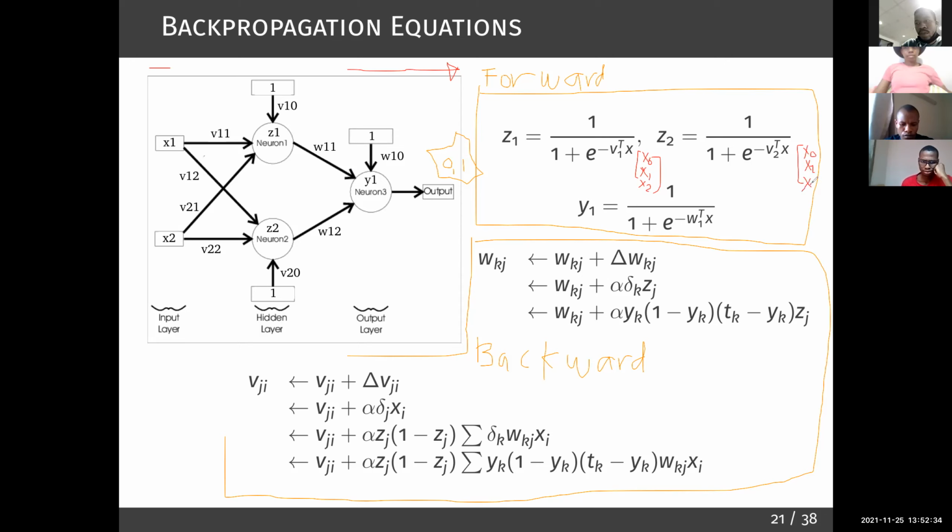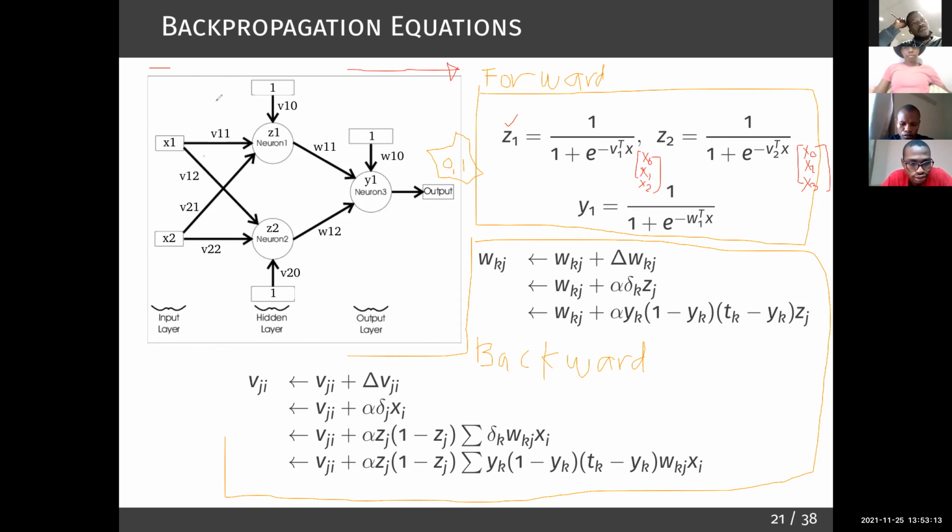Now let's talk about the z1 output only. If this is your z1 output, you have input x0, input x1, and input x2, multiplied by the weights v1 vector. Outputting z1, you are using a v1 vector.